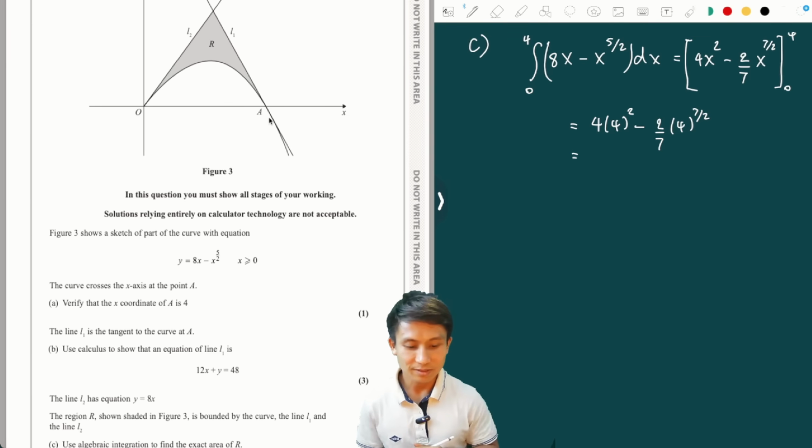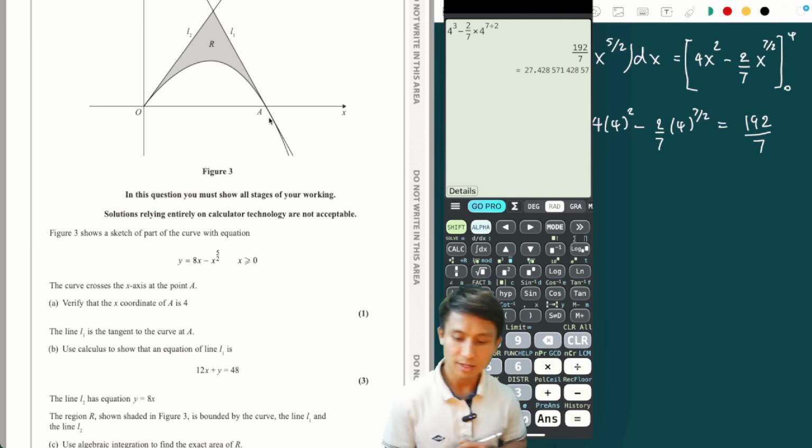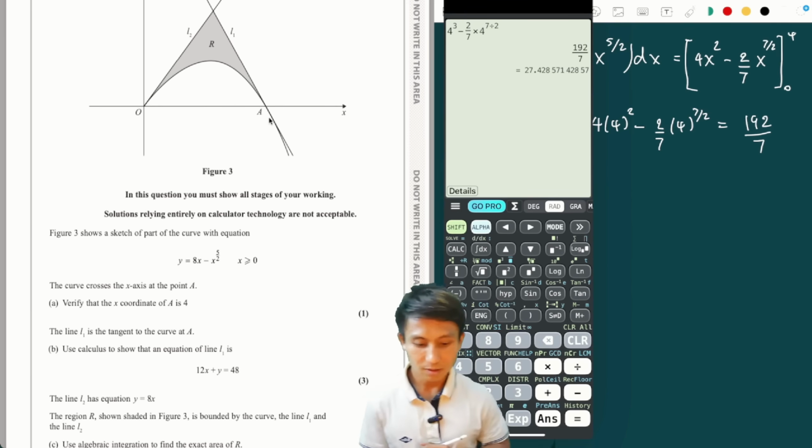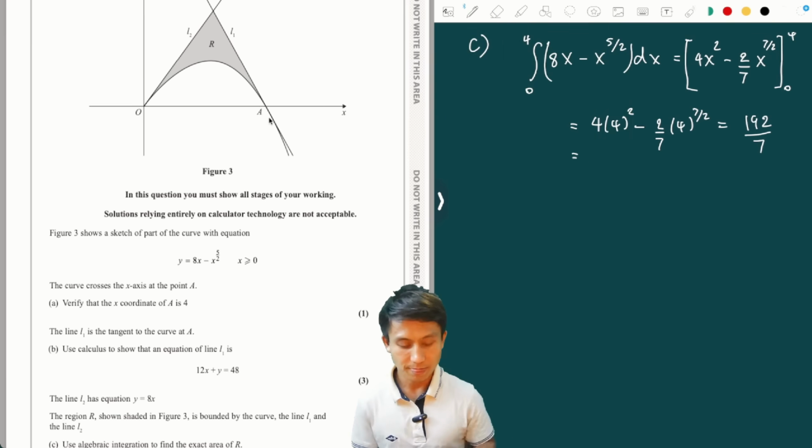Should we keep this as exact value? Yeah, why not? So that's 4 to the power of 3, and then minus 2 over 7 times 4 to the power of 7 over 2. So we're just going to keep it exact here, 192 over 7. Yeah? I'm happy with that. Okay.